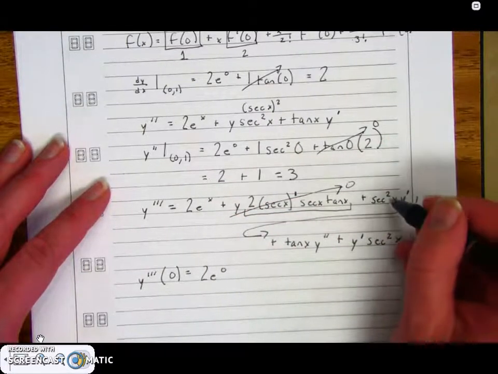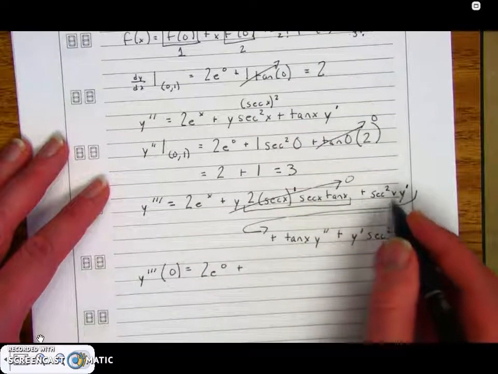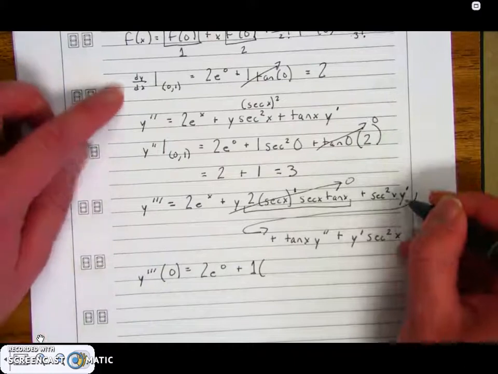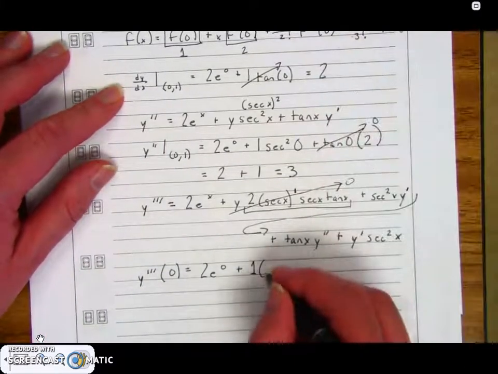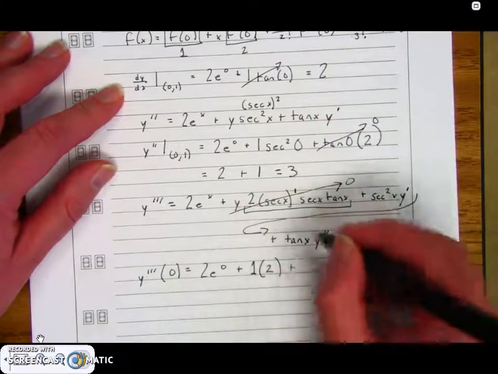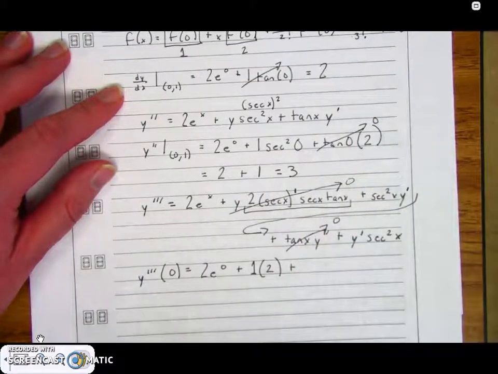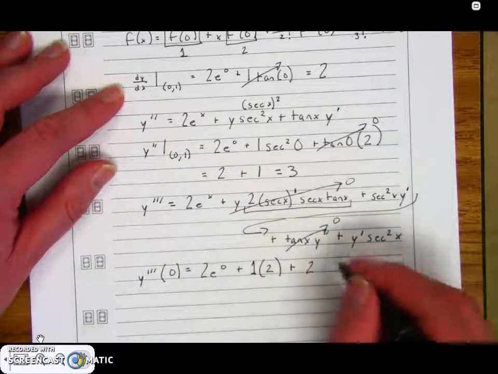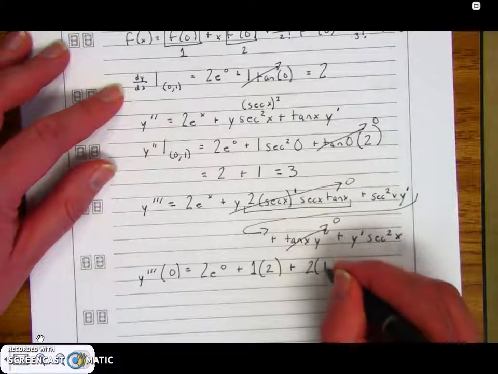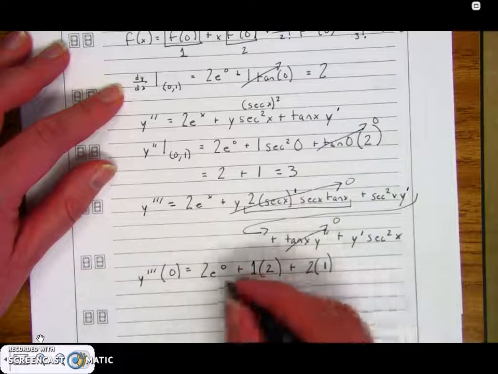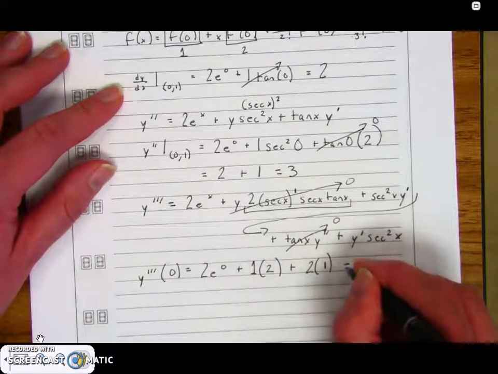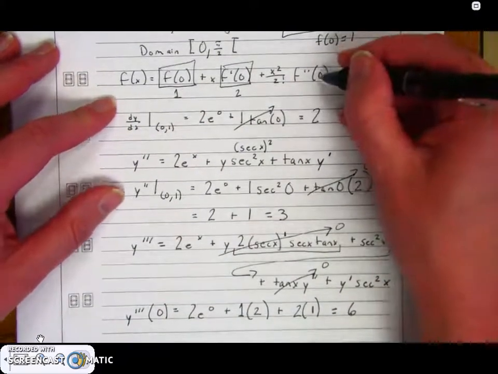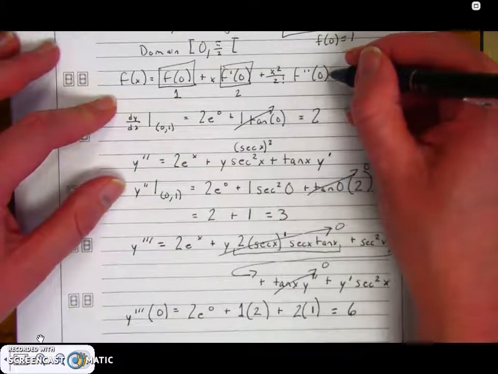Secant squared x, so that's secant squared of 0, so that's just 1, times y prime we figured out was 2, plus tangent of 0 again, so that's all gone. y prime is just 2, and secant squared of 0 is just 1. So it looks to me like we've got 2 plus 2 plus 2. So we have 6.